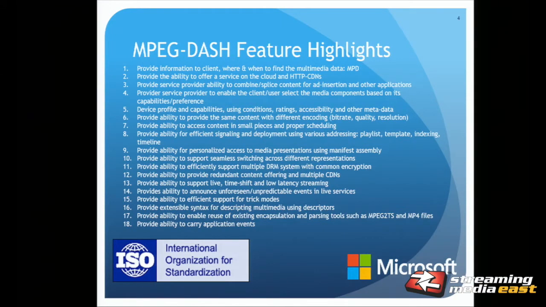Features, we're not going to go over the list, but you can see a long list of features. This is not intended for you guys to read. There are several of them, but things that are new in this standard that have not been supported before are, for instance, multiple DRM support using common encryption.